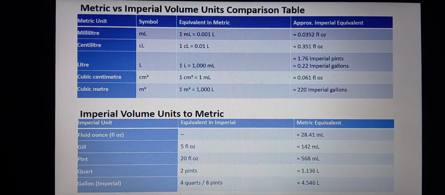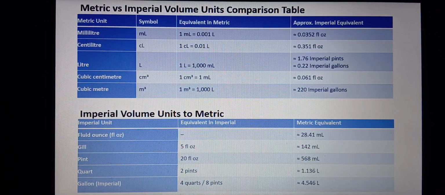For a pint, 20 fluid ounces is 568 milliliters. And then you have a quart, which is 2 pints, and a gallon, which is 4 quarts, which is 8 pints. So some of these figures are very hard to remember, but it will pay you well to learn some of them, like what is a pint, what is a quart, and what is a gallon.